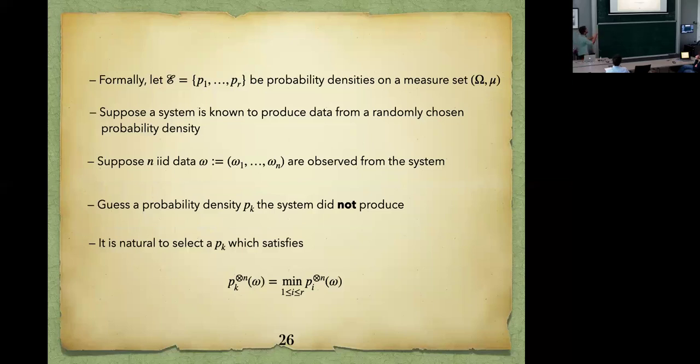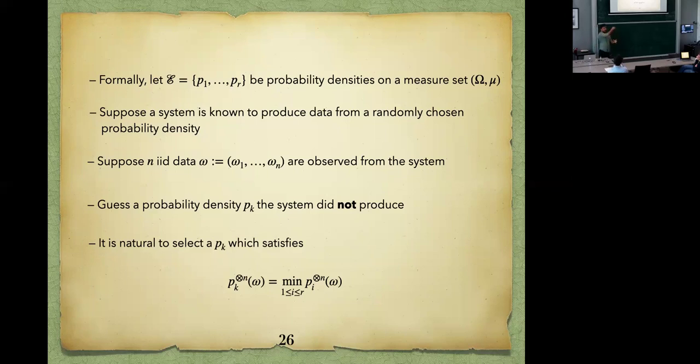So formally, classically we want to anti-distinguish between probability densities. Suppose you have an ensemble of classical probability densities on a measurable set, and a system is known to produce... I don't know if I have the right way of explaining what is going on, because I'm not familiar with the nomenclature here, but I'll try. Suppose there is a black box.